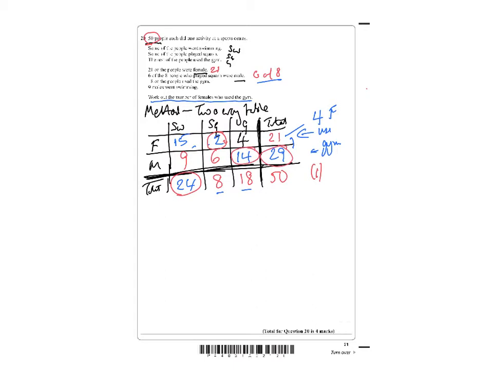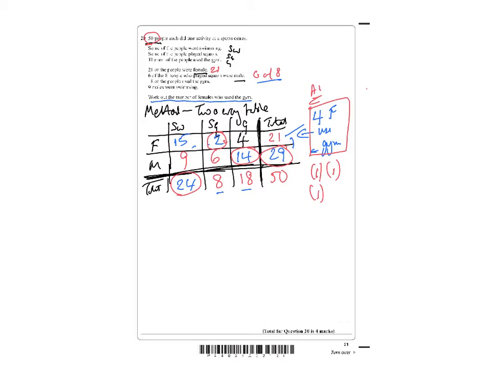So getting 1 of those marks there. The second mark is for getting another value. The third mark is for it being complete. And the fourth mark is actually for writing down a comment about the 4 females using the gym.